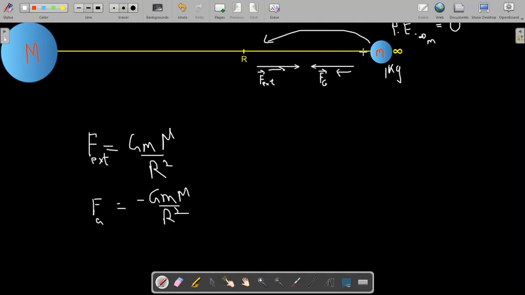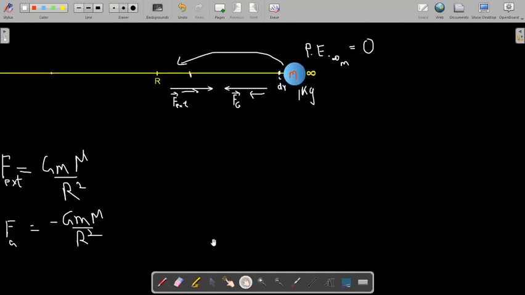At this point it may be something, at this point it will be greater, and at this point way greater. So we're going to assume that for a very small change dr, the gravitational acceleration is the same.